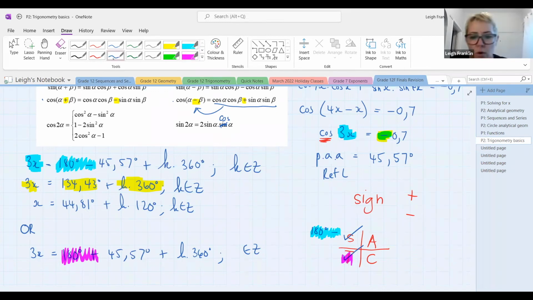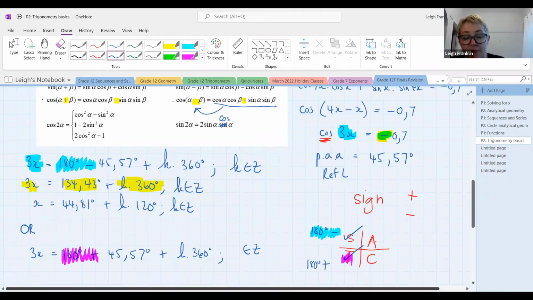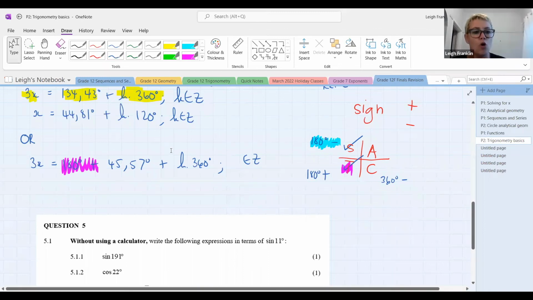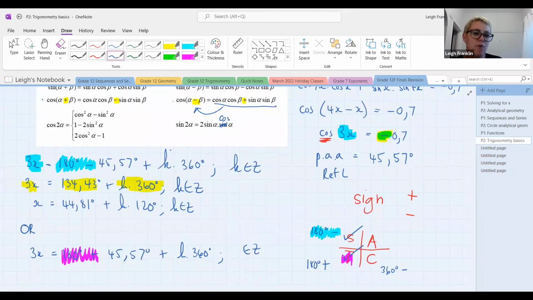So when we are in quadrant 3, we are using the reduction formula 180 plus. If you were working in quadrant number 4, Cassandra, then you would use 360 minus.